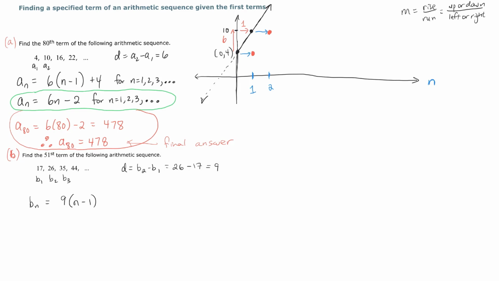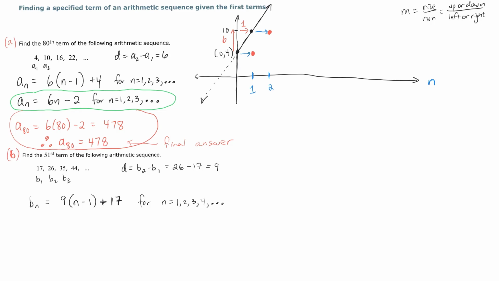And then we need the y-intercept. It would have been the y-intercept, but we transformed the y-intercept as well 1 unit to the right. So it'll be 17 here. And there you go. Remember to write the domain for n equals 1, 2, 3, 4, dot, dot, dot.